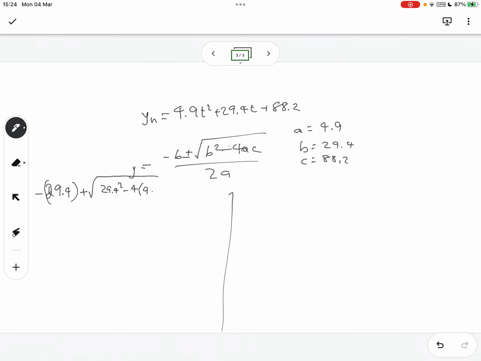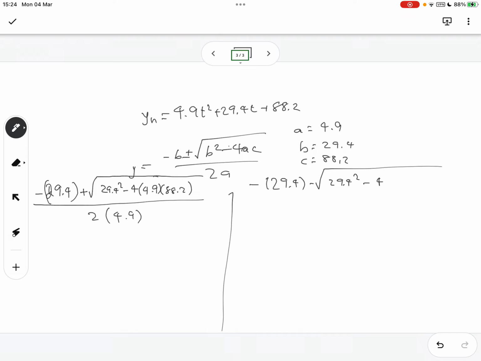So that minus 29.4 plus or minus the square root of 29.4 squared minus 4 into 4.9 into 88.2. Just taking a gamble here, but let's see how far it goes. Minus 29.4 squared minus 4 into 4.9 into 88.2, all this over 2 times 4.9.